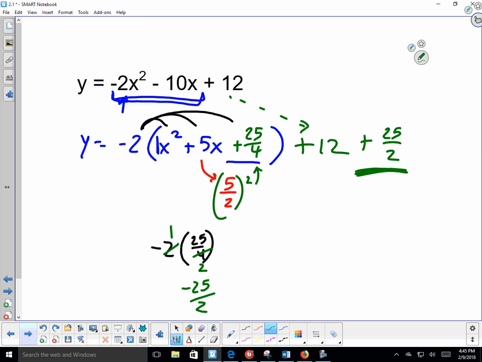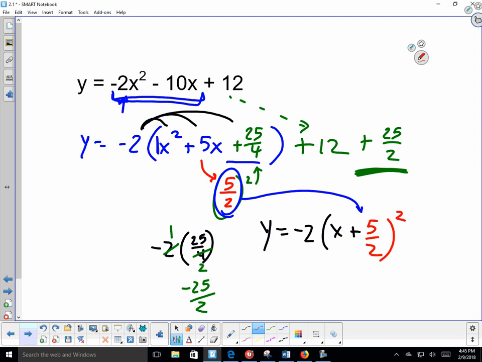All right, so overall, we got this ready to write in standard, aka vertex form. So it's going to be y equals negative 2 times x plus, remember, here's our number that goes in with the x. So it's going to be x plus 5 over 2, quantity squared, and then plus, what's 12 plus 25 over 2?